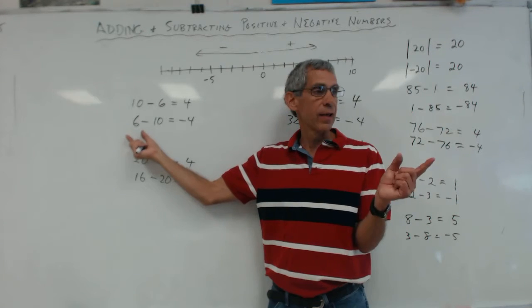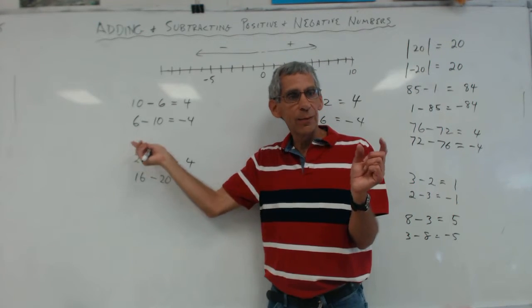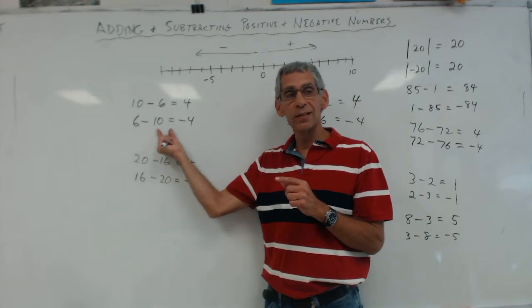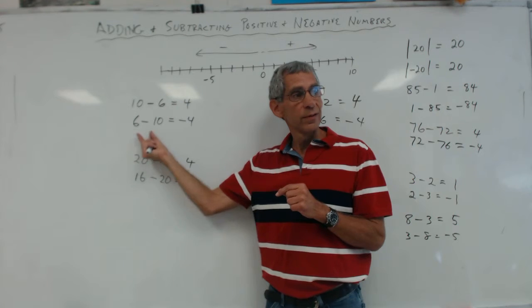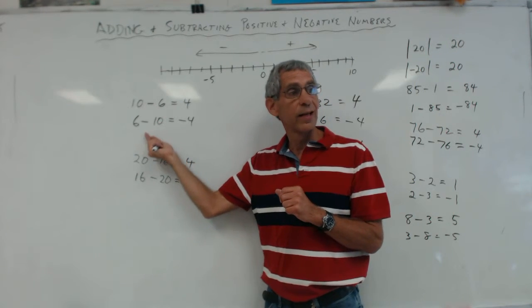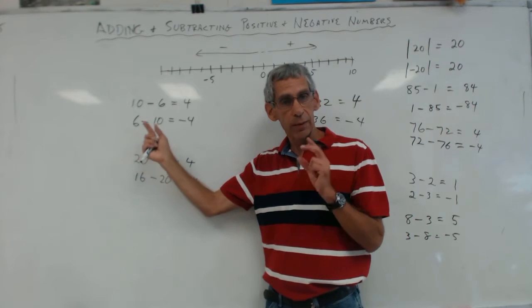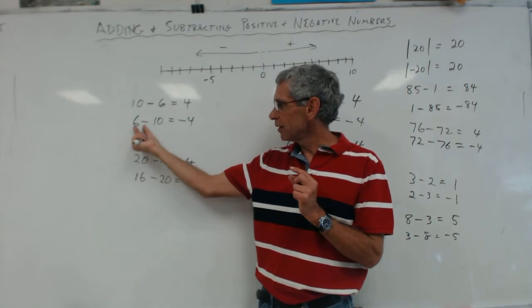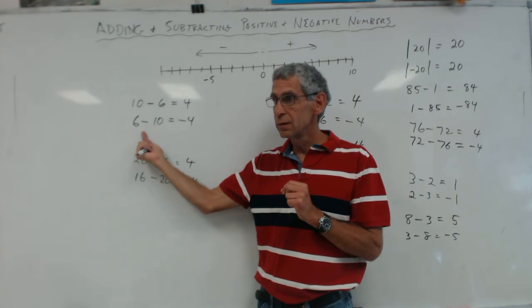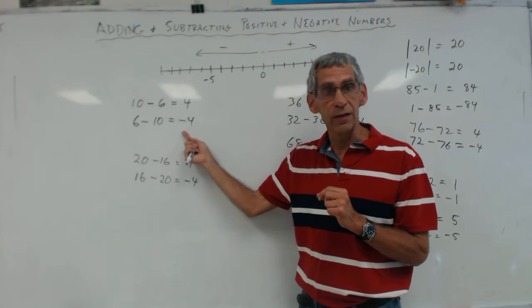I'm leaving the absolute value out for a while. I'm just saying 6 and 10, which is bigger? 10 is bigger. If I included that negative with the 10, then 6 would be bigger. But I'm just thinking of it in terms of the number itself, the actual digit. 10's bigger, what's the sign in front of 10? Negative, the answer has to be negative.